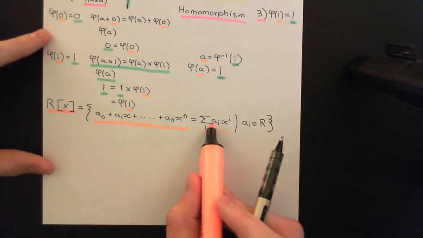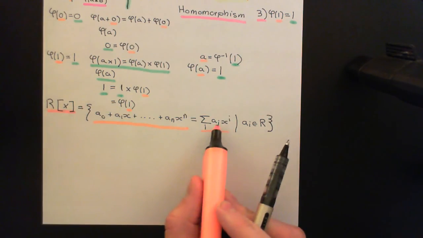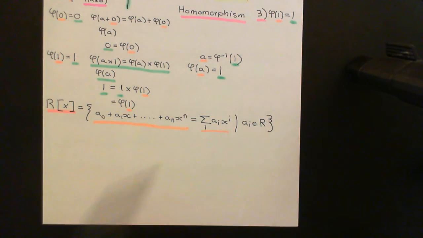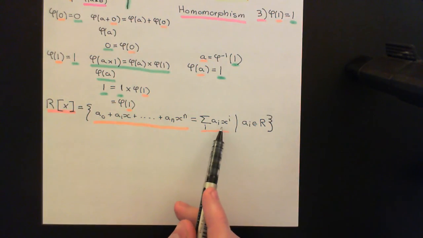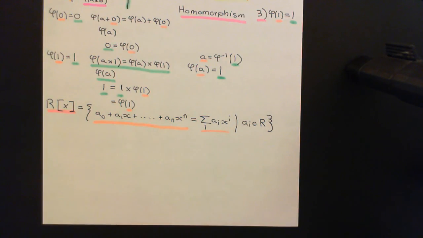I should stress that when we have it written like this, only a finite number of these coefficients in front of the powers of x can be non-zero. So you don't want this going on and on forever. You can't, for instance, put 1 in front of every single x. That's not something that we do in algebra. It's something you can start to think about in analysis, but we're doing algebra.